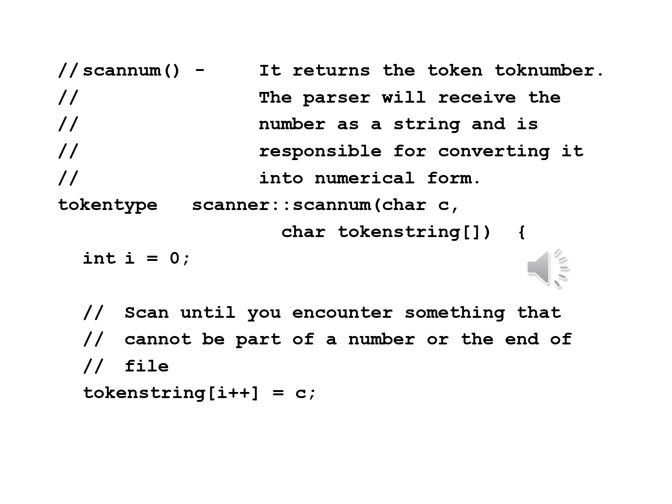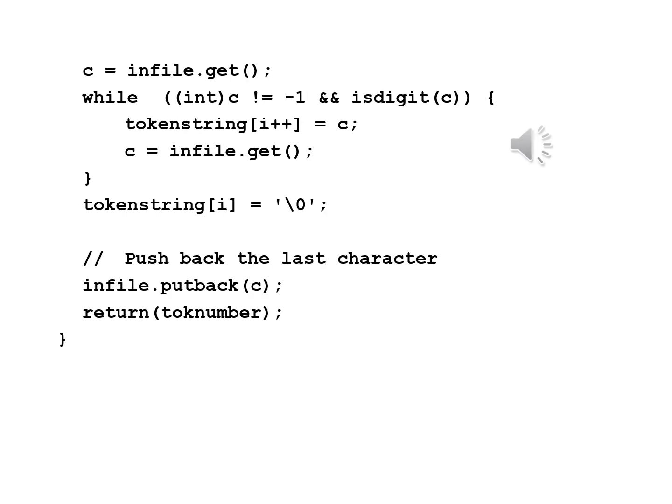Now let's scan for a number. Our first character was a digit, and what we will now do is start out by placing this digit in our string and then preparing to read more. We get the next character, and then we check to make sure that it is not equal to -1, indicating the end of file, and that it is in fact a digit.